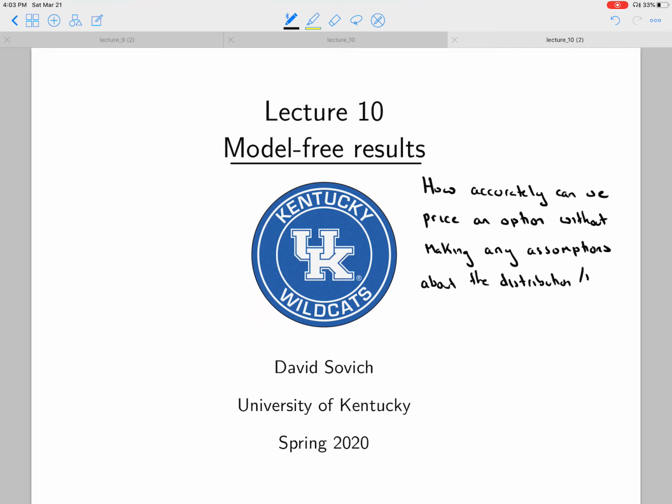Another way to say that is model of the underlying stock. Okay. How accurately can we price an option without making any assumptions about the distribution of the underlying stock?